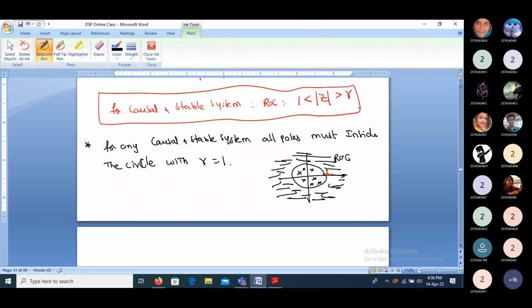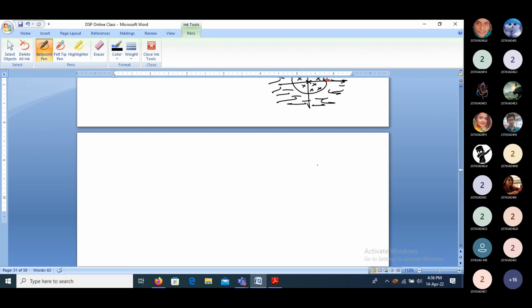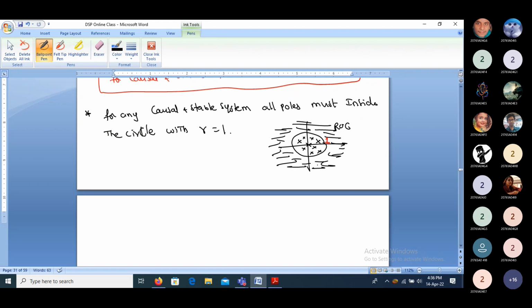If all the poles are located inside the unit circle, then the system is said to be stable and causal. If any one pole is located outside, automatically that must be an unstable system. If the poles are located on the unit circle, it is a marginally stable system. So this is the conclusion for causal and stable systems.